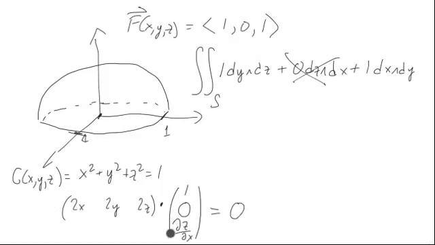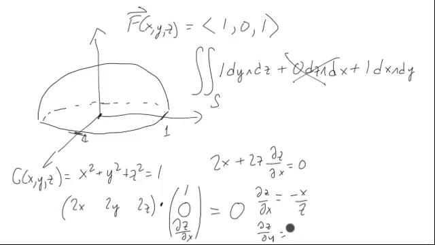Okay, so we need to compute this via this dot product. You'll notice we have 2x plus 2z times the partial of z with respect to x equal to 0, and then we're going to get negative x over z. And then by symmetry, we have the partial of z with respect to y is negative y over z.